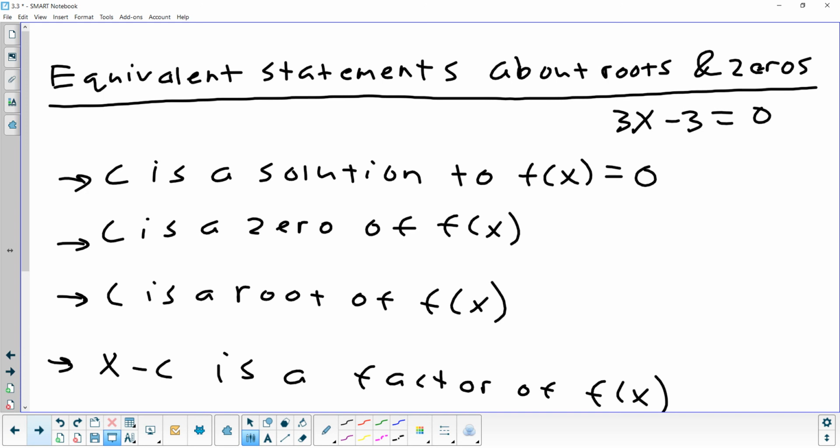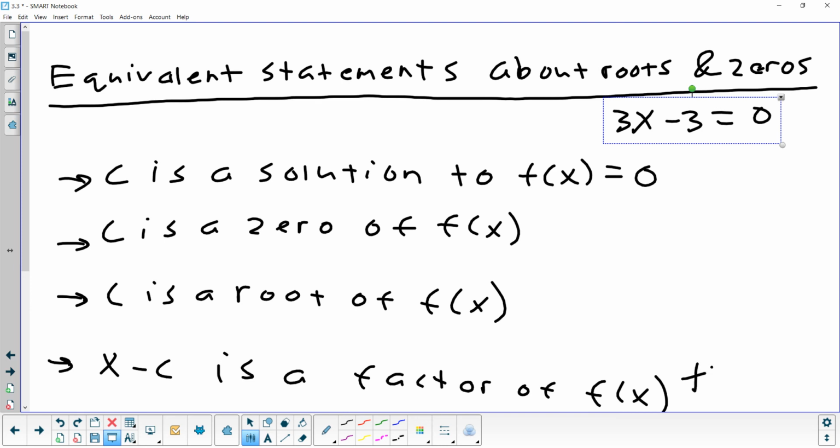If you have a number that's a solution to this equation, that means that you have what's called a 0 of the function. You could also call that a root of your function. So in this case, I could say 1 is a 0, or is a root of my function.